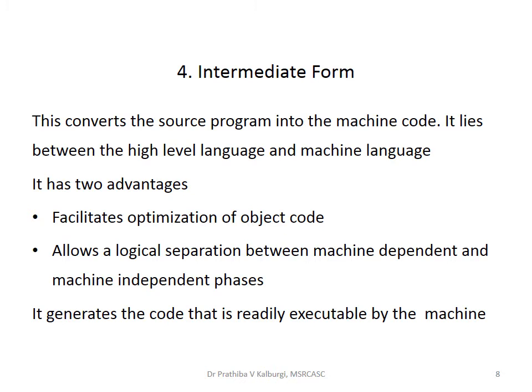So this intermediate form is going to convert the source program towards the machine language or the machine code. So this program lies between the high level language and the machine language. If you observe here, it is nothing but an assembly language which is going to lie between your high level language as well as the machine level language.